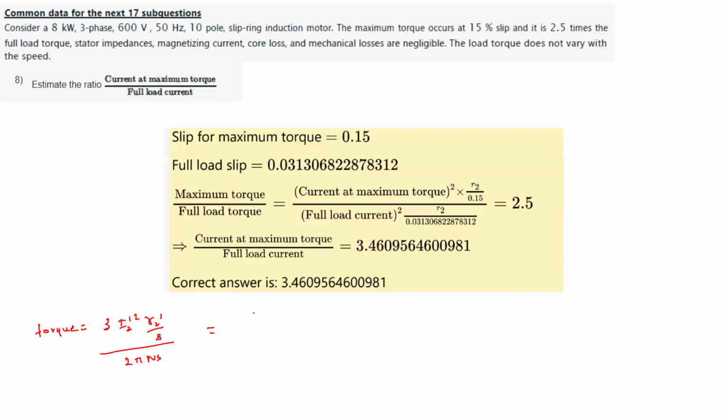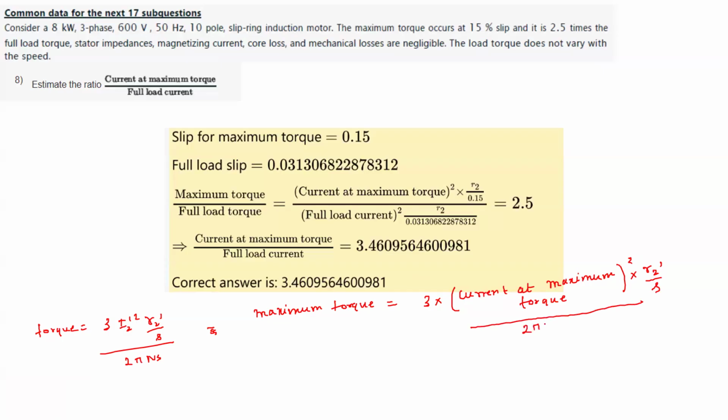So I'll just write, so this maximum torque is equal to 3 times the current at maximum torque square into R2 dash by S, where we have to place slip as maximum torque slip, divided by 2 pi ns.